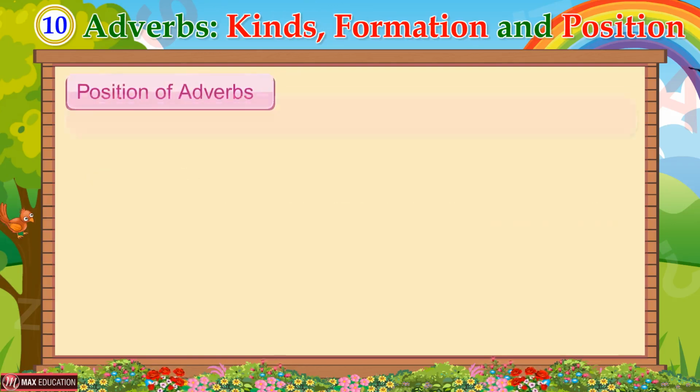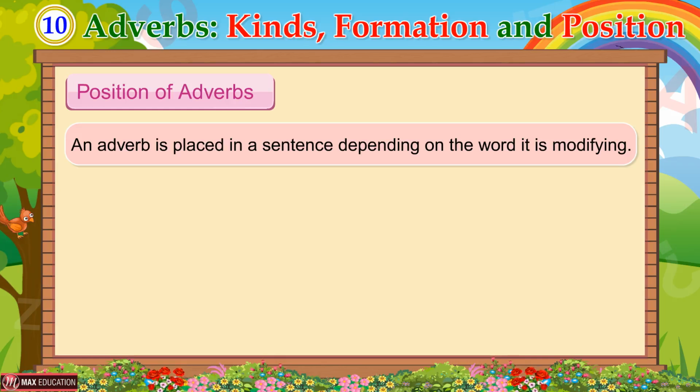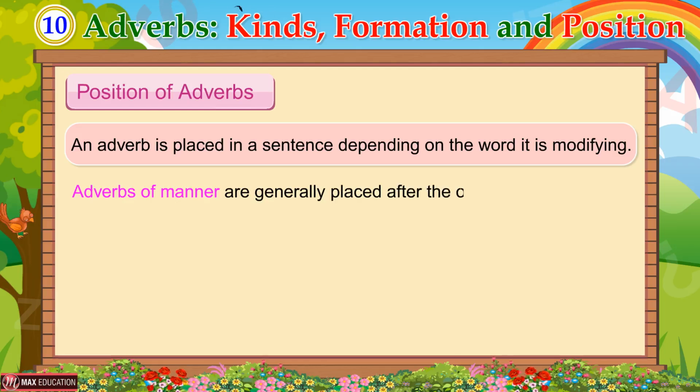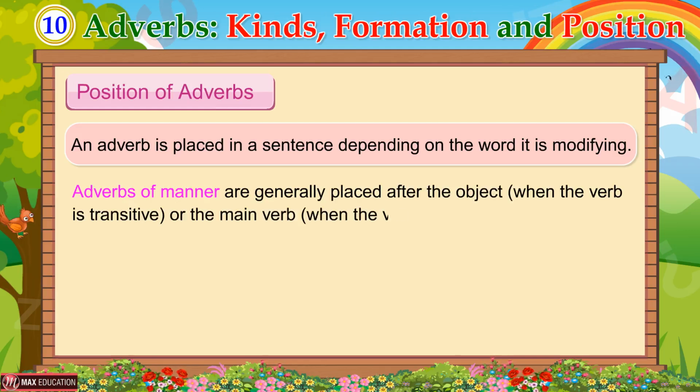Position of adverbs. An adverb is placed in a sentence depending on the word it is modifying. Adverbs of manner are generally placed after the object when the verb is transitive, or after the main verb when the verb is intransitive.